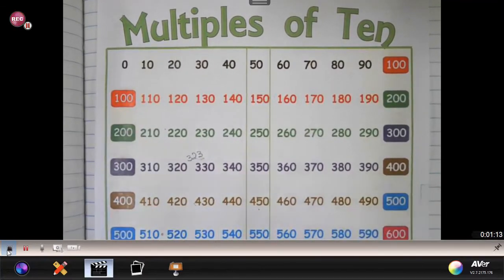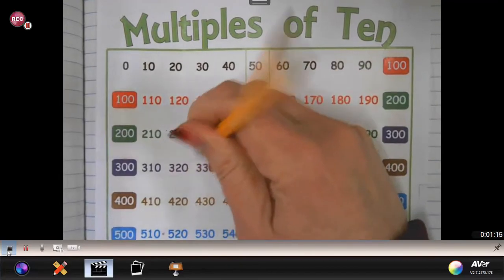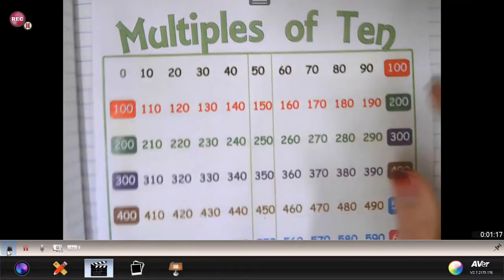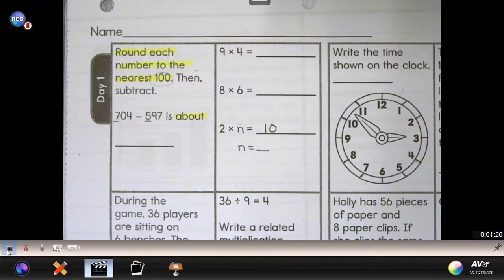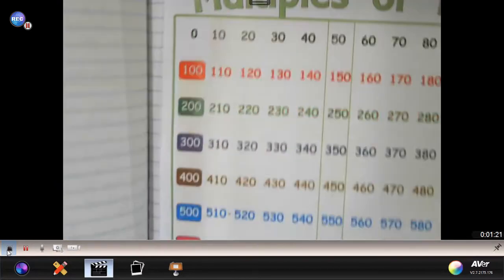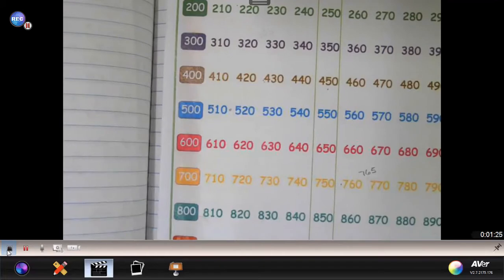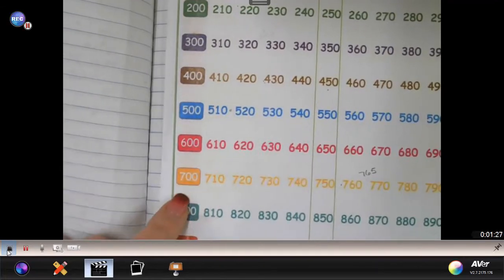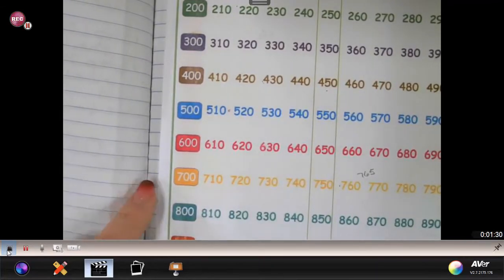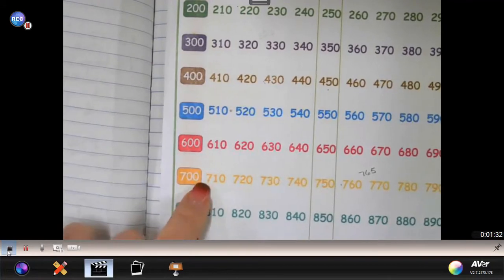So let's take a look at, and I'm just going to erase this from the last time, 704. Well, if you know where your 700 is, right here, 704 would be between 700 and 710.